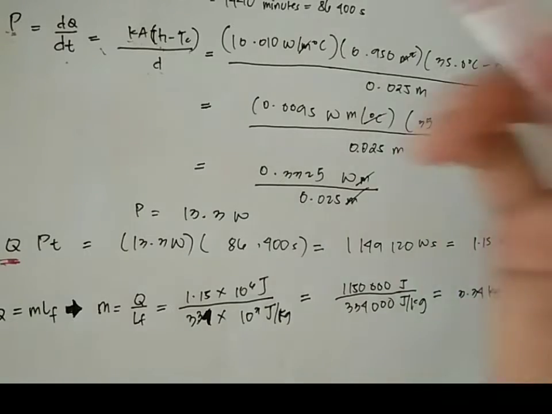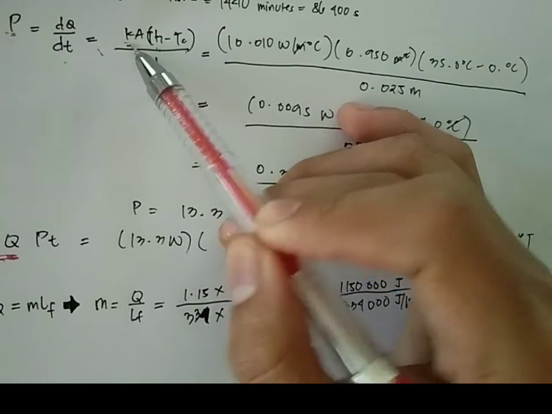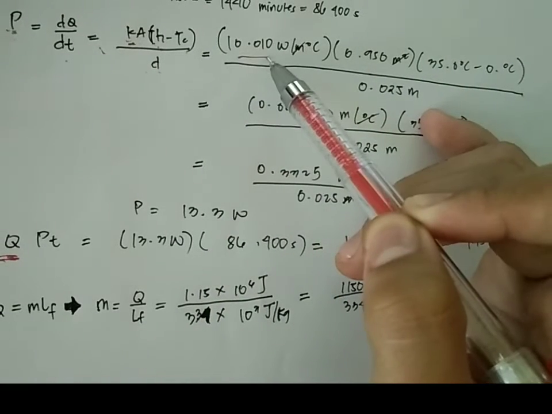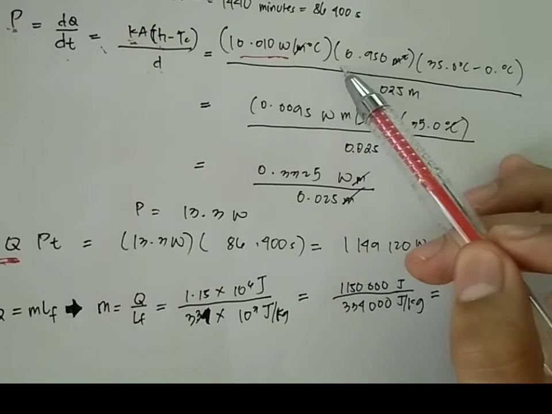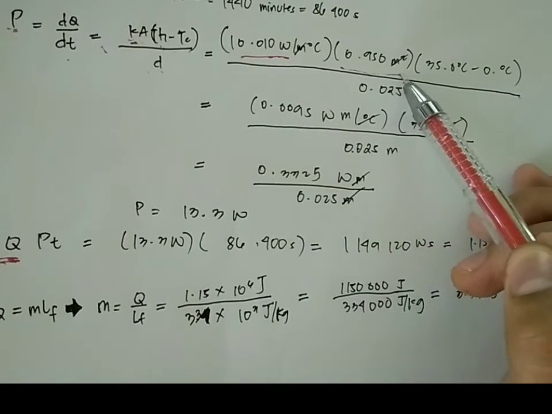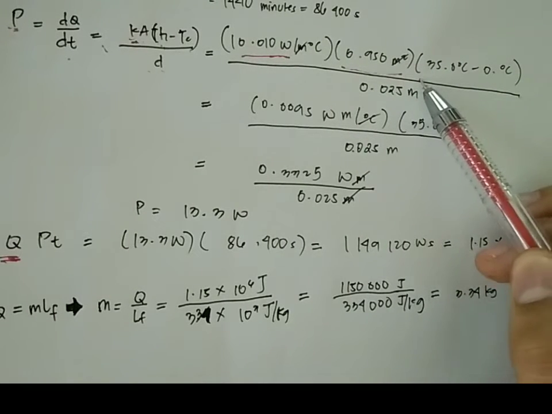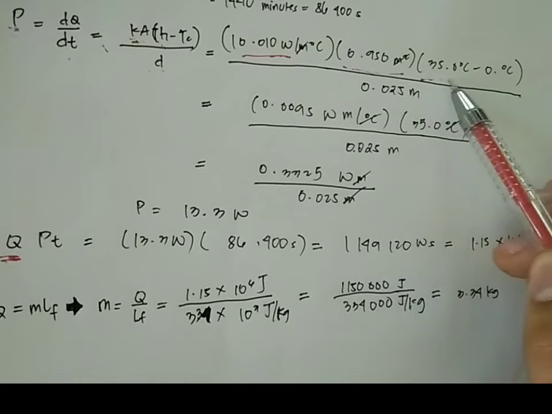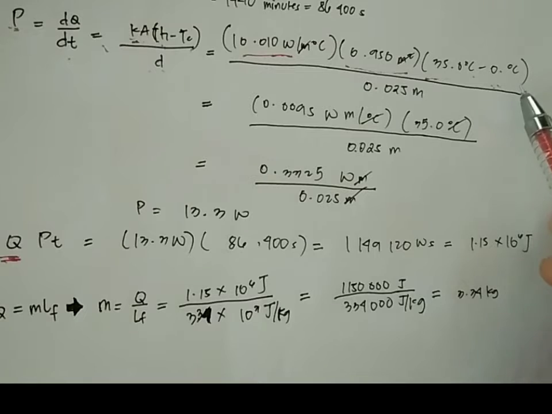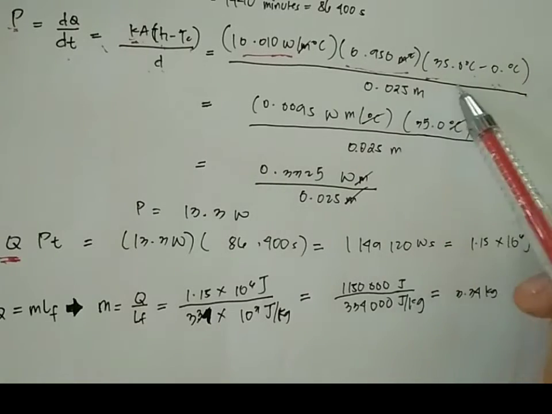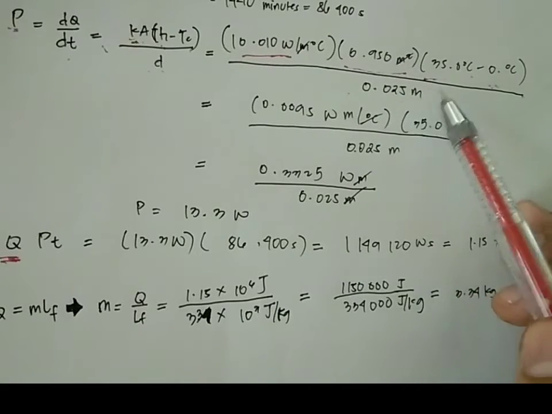So the thermal conductivity of the polystyrene foam is 0.010 watt per meter degree Celsius, multiplied by the area 0.950 meters square, and multiplied by the temperature difference, 35.0 degrees minus the Tc, 0 degrees Celsius, all over the thickness, or D, which is 0.025 meter.